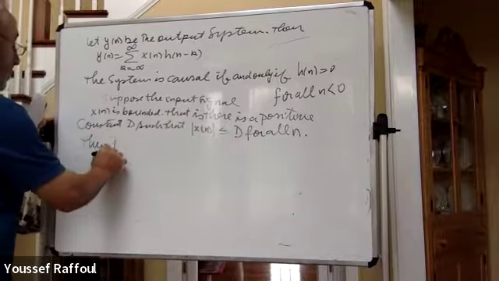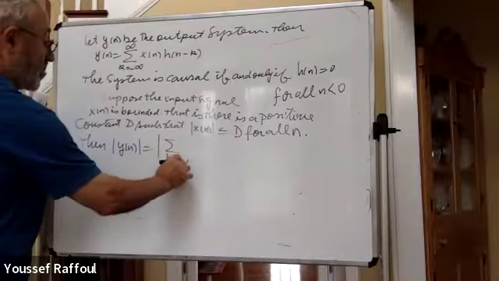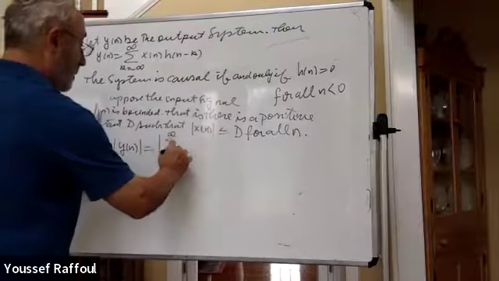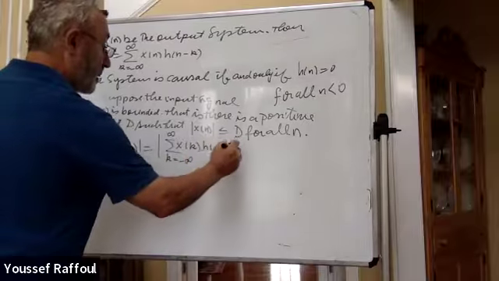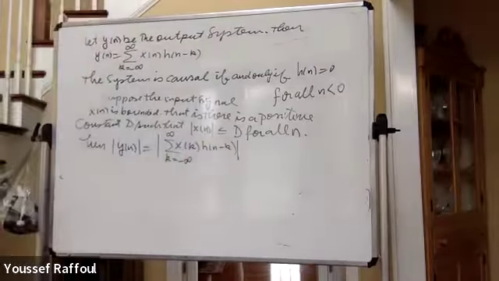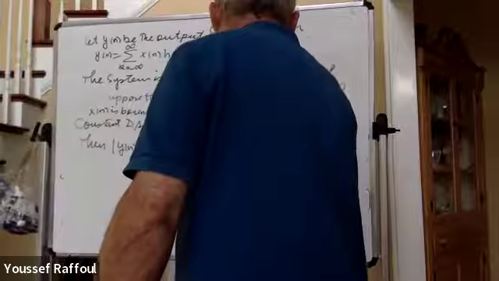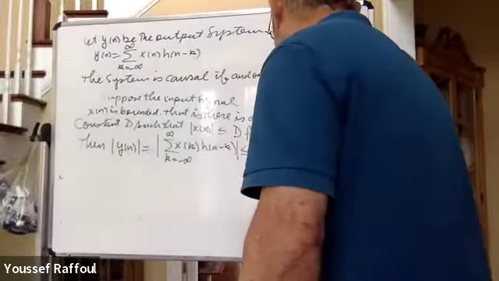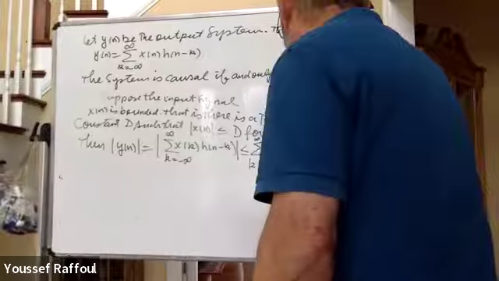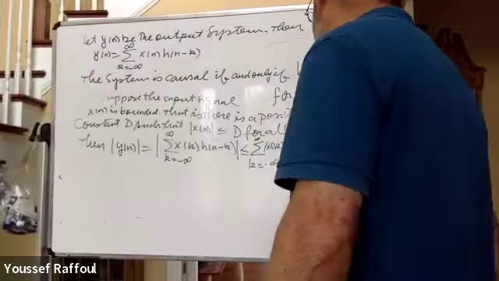Then yn, equal to the sum for k equal minus infinity to infinity of xk hn minus k, is less or equal to the sum of the absolute values of xk times h of n minus k.